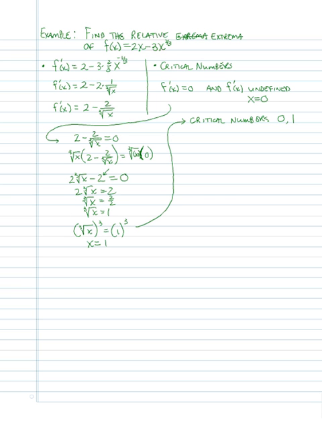So we've seen how we handle this. We'll come down here and begin to analyze by testing the first derivative to see if it changes signs as we move across 0 and across 1. So we can more or less think of a number line. We put the first critical number, which is 0, and then the second critical number, which is 1.